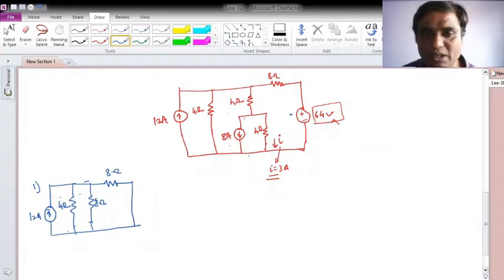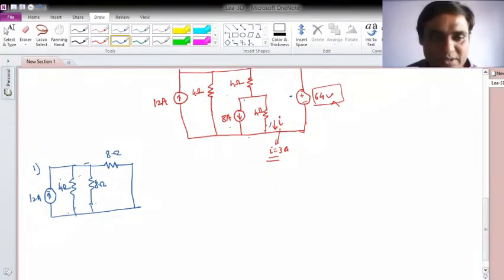And I want to obtain this current. So what can be done? First let me obtain the total current for it. This 8 ohm and 8 ohm are in parallel, so you take the parallel combination of it.